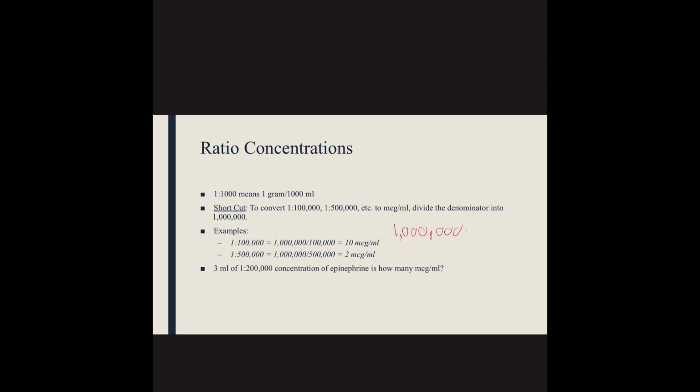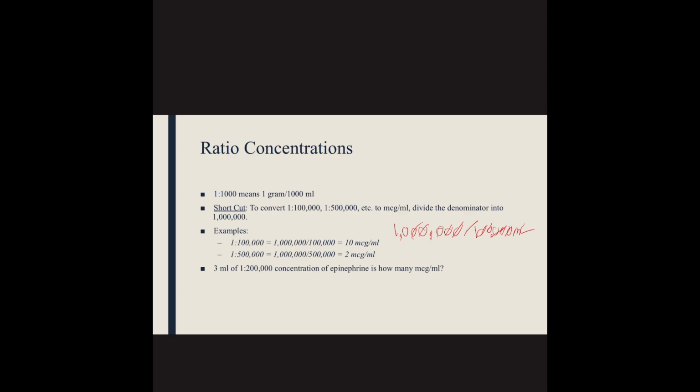And then if it's 1 million micrograms in 100,000 milliliters, then we know that we can cross out these zeros. We're left with 10 micrograms per milliliter.